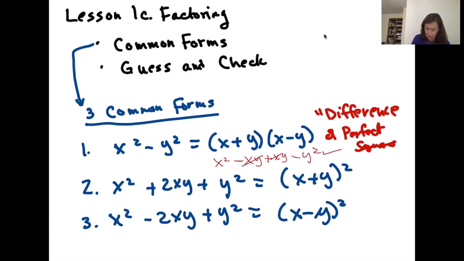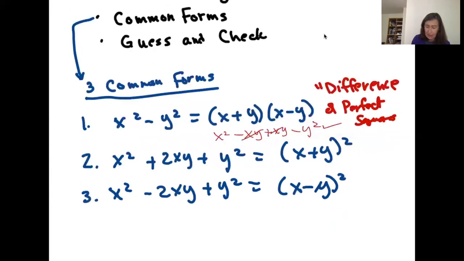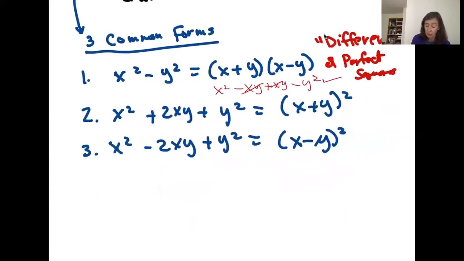Maybe I'll skip the middle one since there's no space. I didn't leave myself space to write here, but I'll check the square of the difference because I think that'll be enough for you to see the process. I like to write it out if I'm going to check it. x minus y times x minus y. That's what x minus y squared means. Multiplying the two x's together, I get x squared, minus y times x, minus x times y, plus y squared.